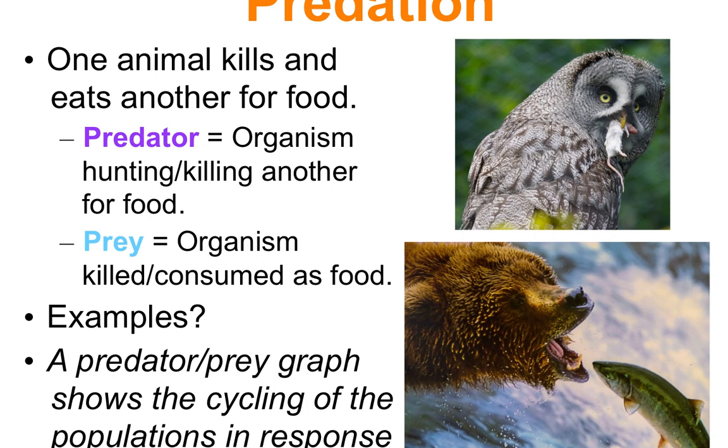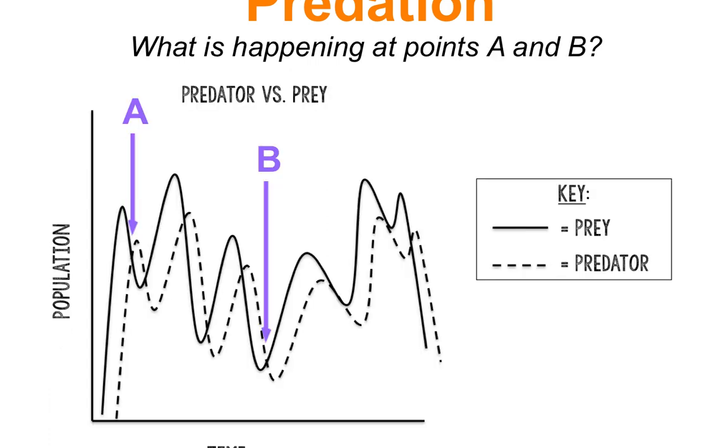A predator-prey relationship graph usually shows the cycling of responses over a period of time between a predator and its prey. Here is a predator-prey relationship. You can see that the prey is the solid line and the predator is the dotted line. We see this spike in the prey.